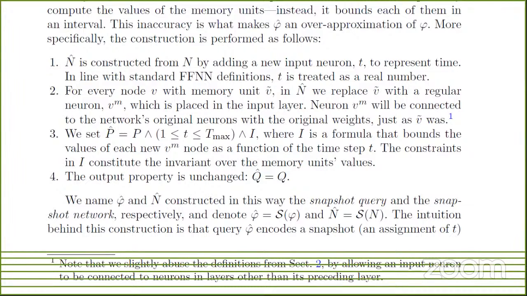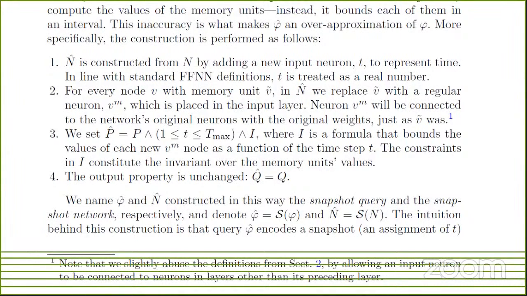Because if there was a possible violation, it will happen sometime between 1 and t max. Therefore it constrains t to be between 1 and t max, so that it chooses the t appropriately, to be the time unit for which it believes there's a violation. And then the other memory neurons will also be chosen appropriately.